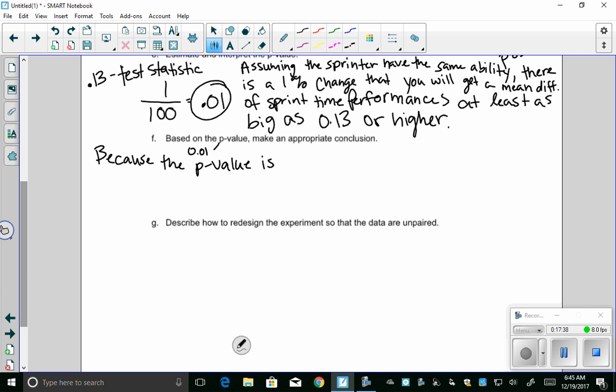So, because the p-value is small, we will reject the null hypothesis.